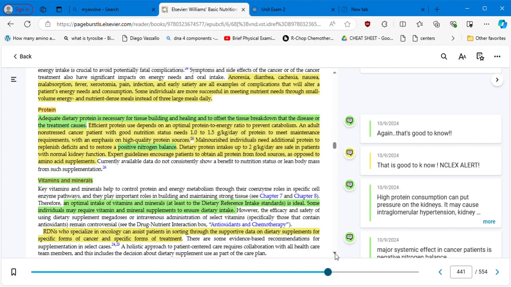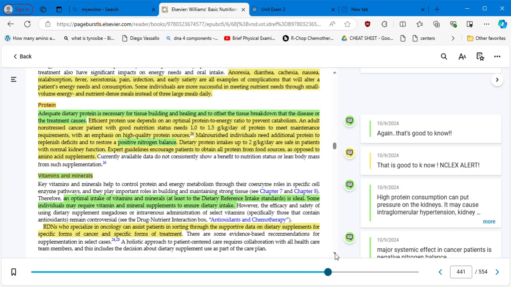An adult non-stressed cancer patient with good nutrition, for example, needs 1 to 1.5 grams per kilogram per day of protein to meet maintenance requirements, with an emphasis on high quality protein sources. Malnourished individuals need additional protein to replenish deficits and to restore a positive nitrogen balance.